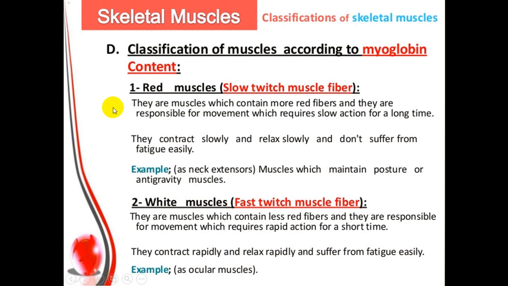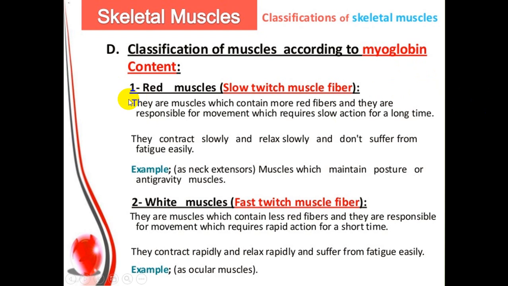The reddish category are called so because they have a high quantity of myoglobin protein, which is responsible for storage of oxygen at muscular level, and it is similar in structure to hemoglobin protein. The amount of mitochondria is also more than the white fibers.